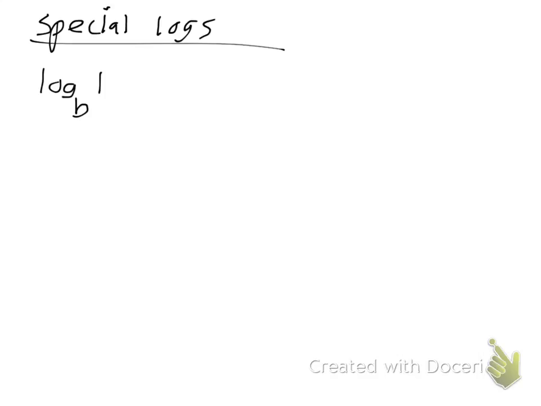But anything, think of this. What if we don't know what it's called? We'll call it x, right? And if I switch this to exponential, that would be b to the x equals 1. What does x have to be? B to the first power would be b.